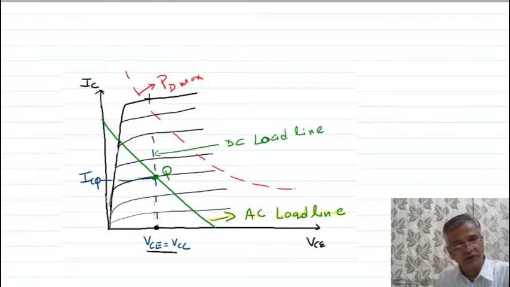The DC load line is vertical only when RP plus RE tends to 0, because then the collector current is infinite, or very large, so that's why I have shown infinite.